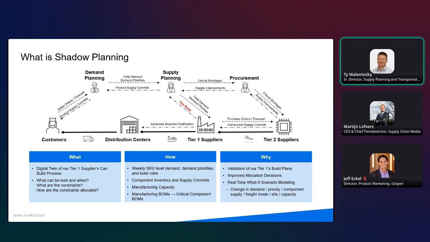So we spend a lot of time talking about how we can create a more agile supply chain, and having this ability to do real-time what-if scenario planning is instrumental to us.